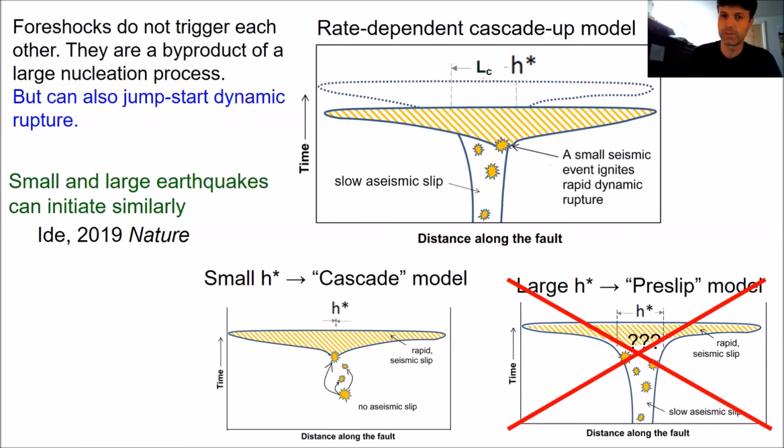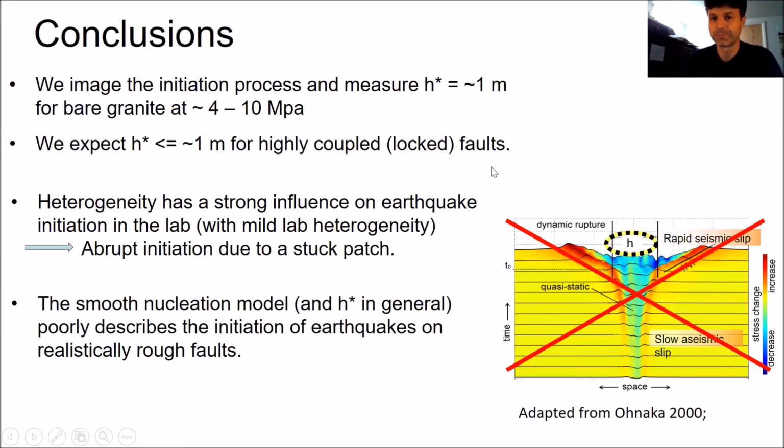However, every little seismic event that gets triggered is kind of probing the fault and testing it. And if those fault conditions are favorable, they can just ignite a large earthquake. And this is consistent with the observation that small and large earthquakes initiate similarly.